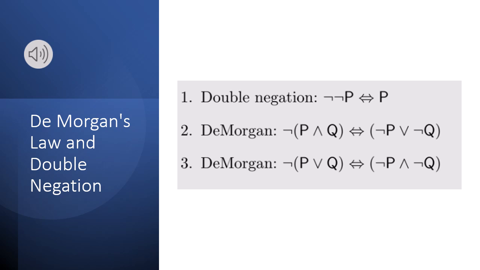The left-hand side of that logical equivalence is the negation of the conjunction of P and Q. Now, the only way that sort of sentence is going to be true is if the conjunction is actually false. So P and Q is false. And if P and Q happens to be false, that means that either P is false or Q is false. And that's what you're seeing on the right-hand side.